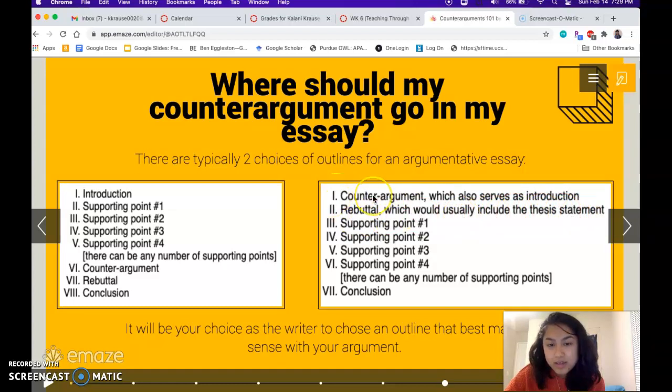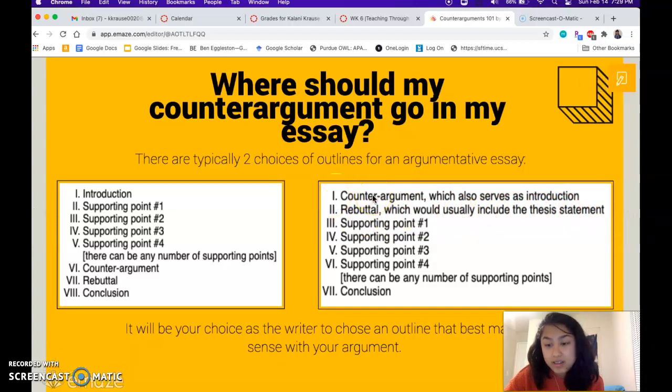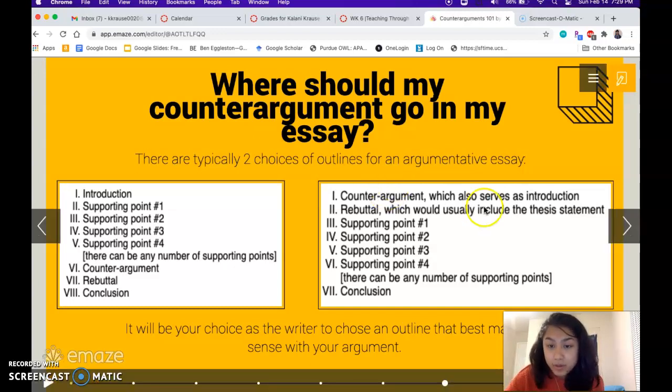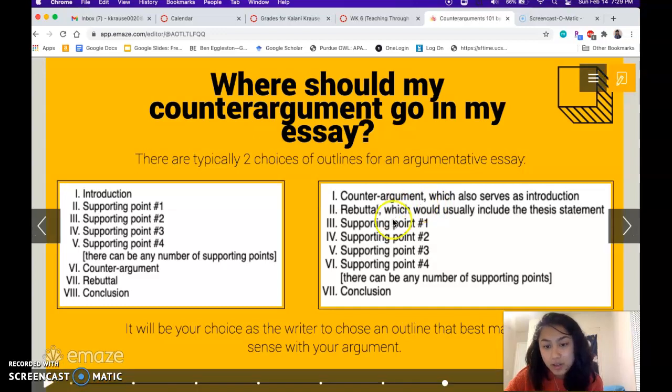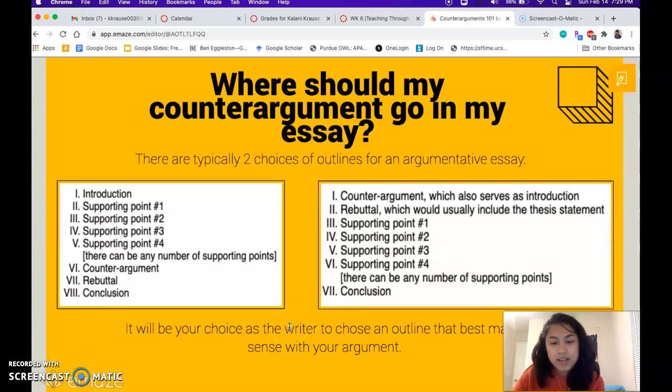So in this sense, if your main concern was that people do not believe the voting age should be lowered because 16-year-olds are incapable of comprehending civic duties, that would all be in your intro, and then your rebuttal would be your main claim. So you would say, however, 16-year-olds should be given the right to vote because, and there's your thesis statement, followed by your supporting points, wrapping up with your conclusion. Essentially, it is your choice as the writer to pick the outline that best makes sense with your argument.